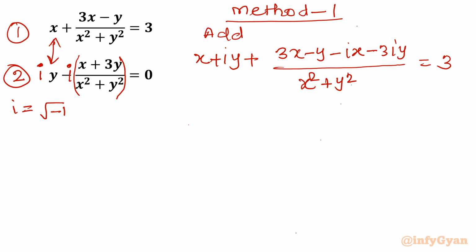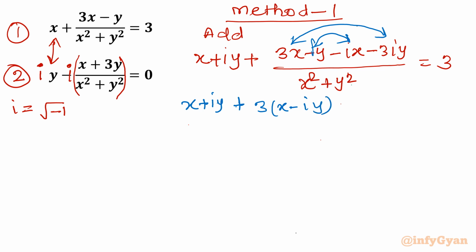Now x plus iy as it is unchanged, plus I will club these two terms all together, and I will club these two terms all together. So what will happen after that? I will take 3 common. So x minus iy I can write from first and last term, and from second and second last term I can write minus y as plus i square y minus ix, and denominator is as it is, x square plus y square.